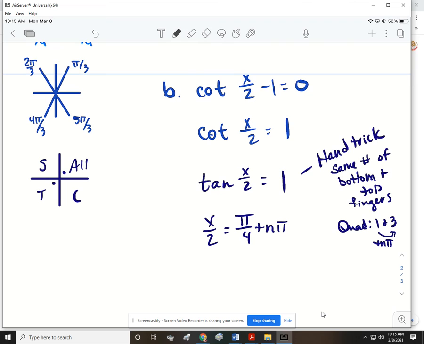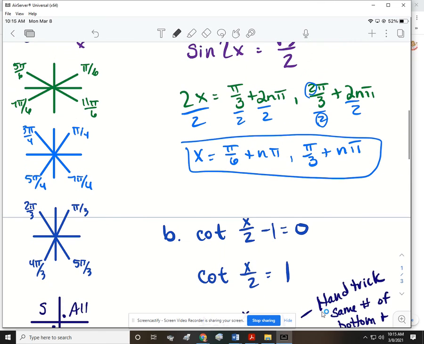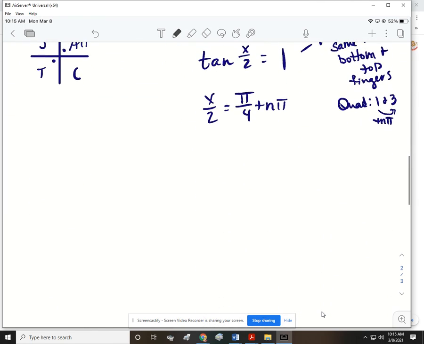All right, so that takes care of quadrant 1 and 3, because if I took pi over 4, I added pi to it, that gives us our 5 pi over 4. So it takes care of both of those. All right, and then we're just going to need to multiply by 2.